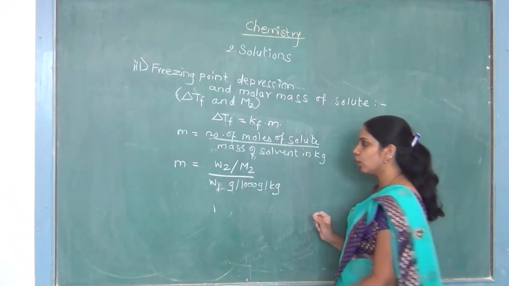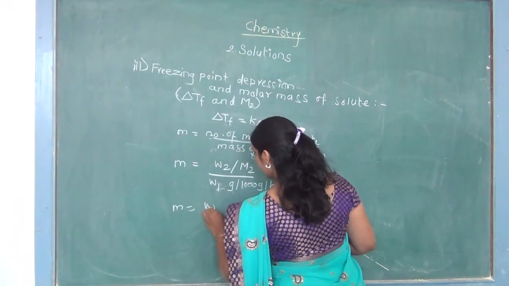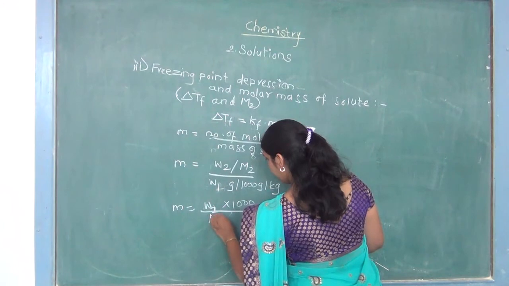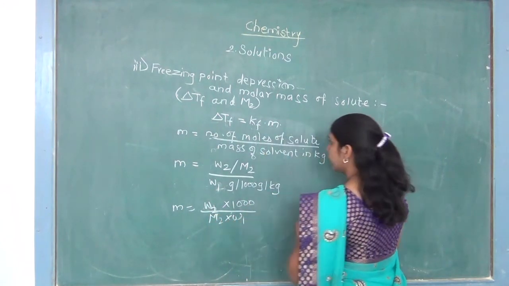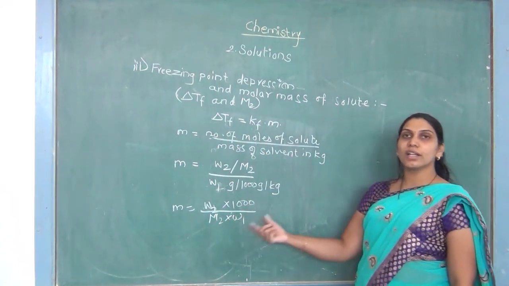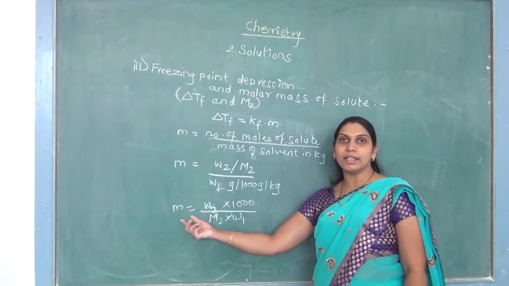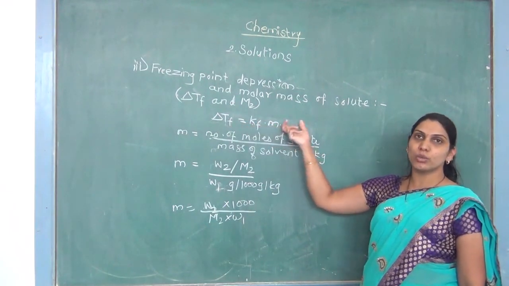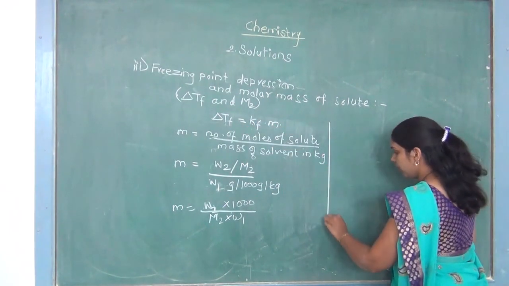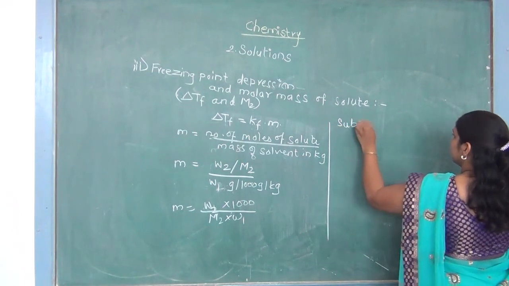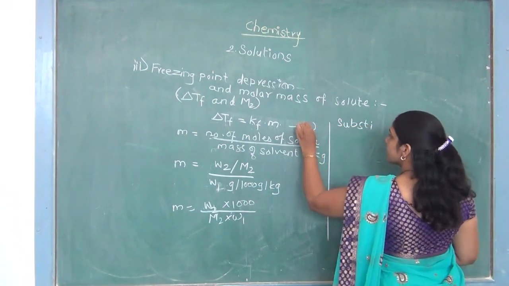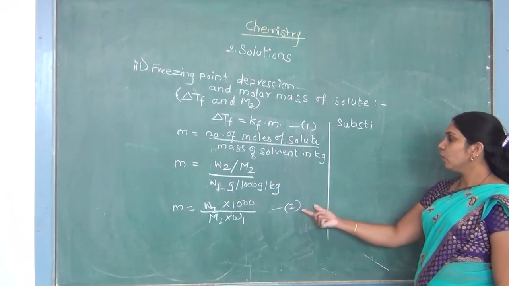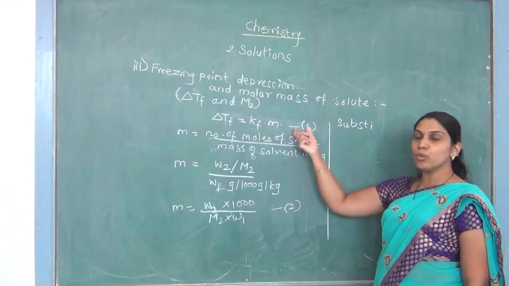So the equation for molality is W2 into 1000 divided by M2 into W1. This equation which we have got for molality, we'll substitute into the equation delta TF is equal to Kf into m. Consider this as equation 1 and this as equation 2. Now substitute equation 2 into 1.